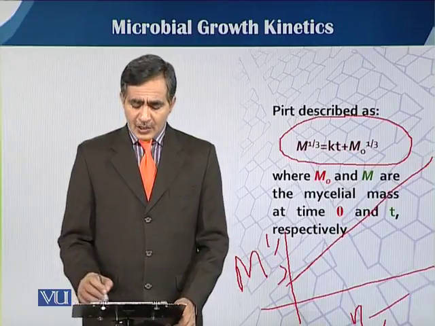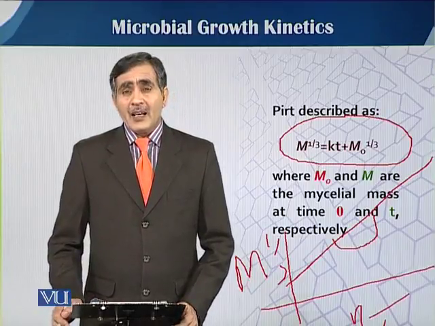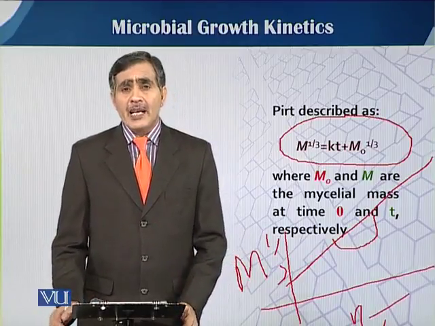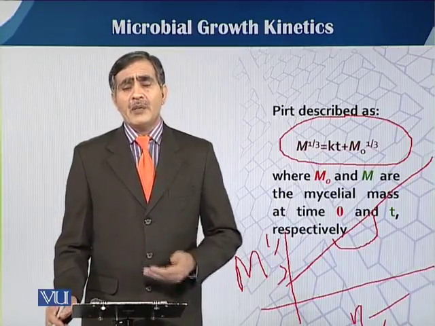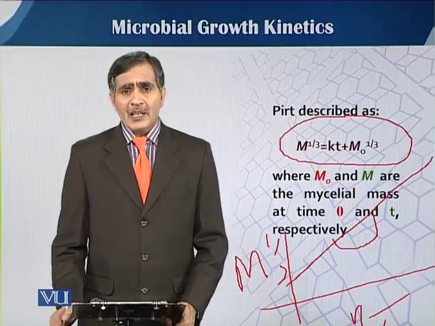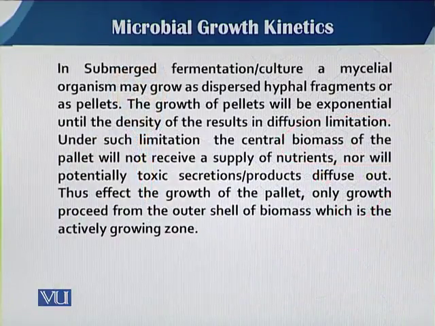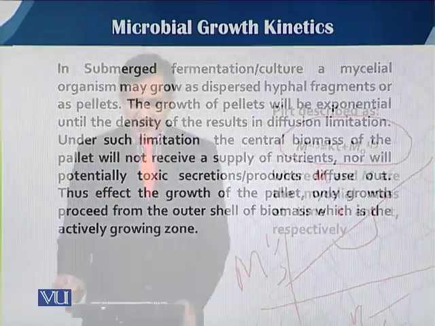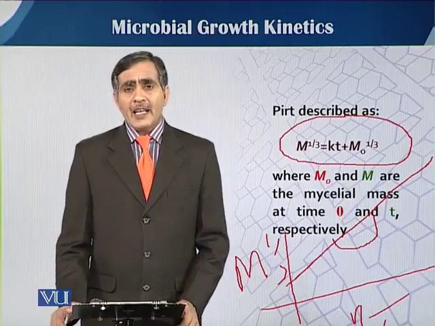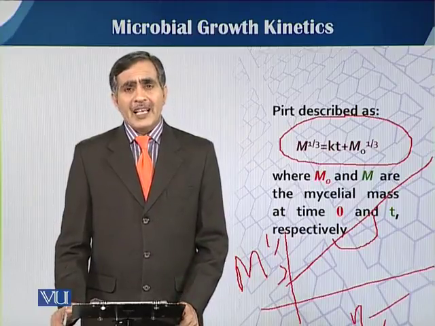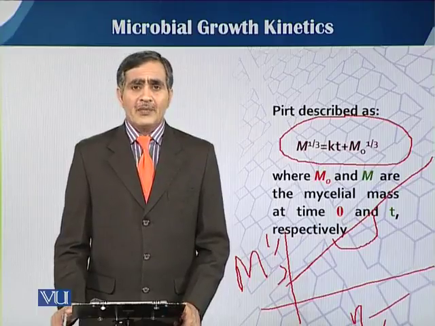The slope of this line is K. K is also equal to mu, the specific growth rate constant, when we talk about fungal hyphae, the mycelia. And we know that fungal hyphae are mostly known as mycelium. So this equation can be used for the estimation of the specific growth rate constant for fungi.